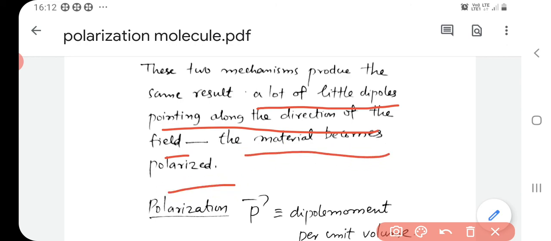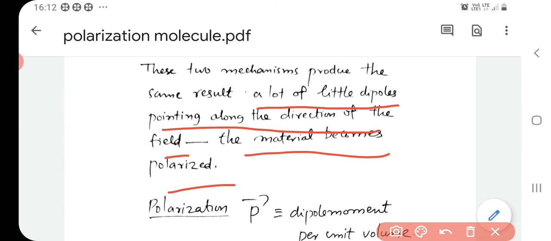Okay. So if the atoms are neutral, what will happen? The field will induce a dipole in the direction of the field. Okay, that is one case. Another case, if the atoms of the substance have a permanent dipole moment, when you apply the field, it will rotate due to the torque acting on the dipole.